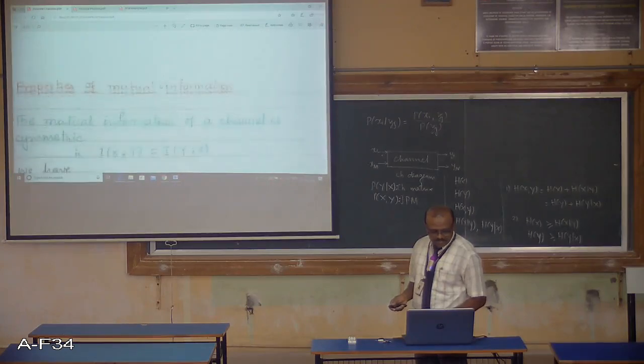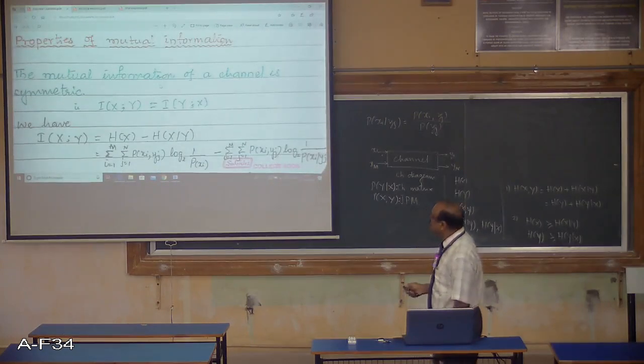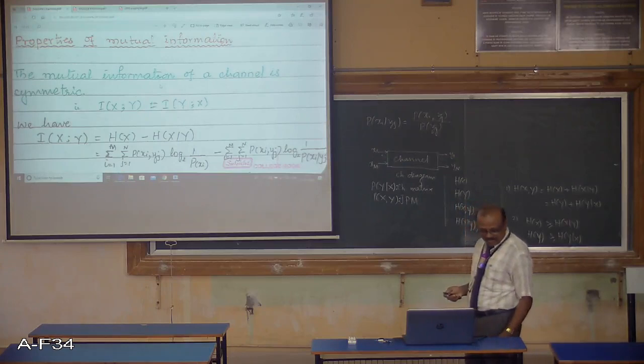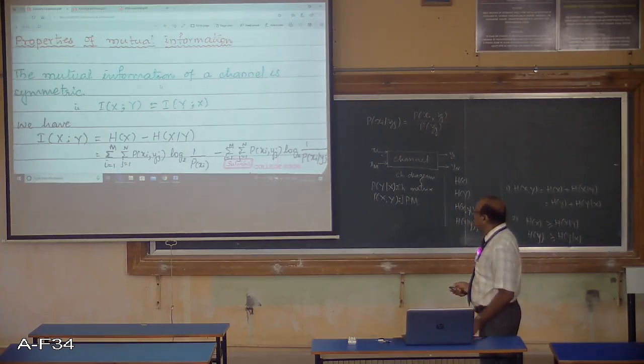This difference of H(X) and H(X|Y) has certain properties.